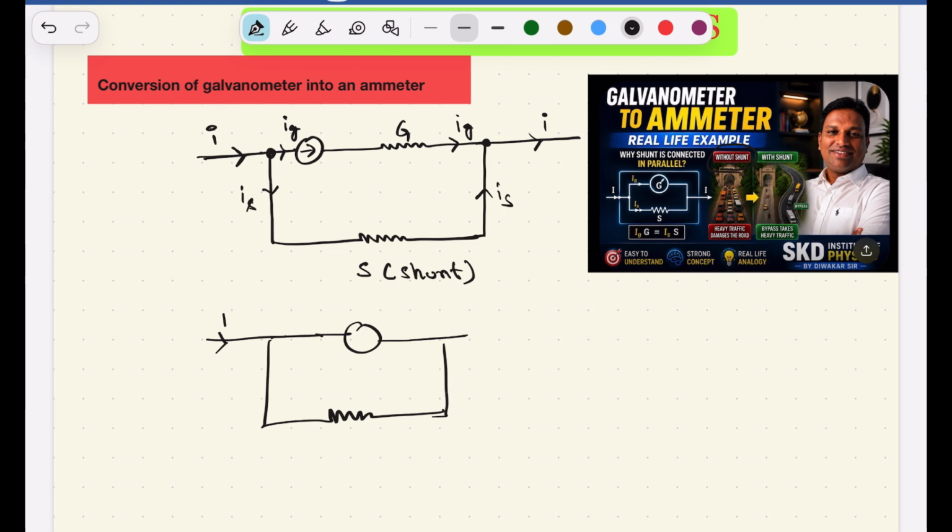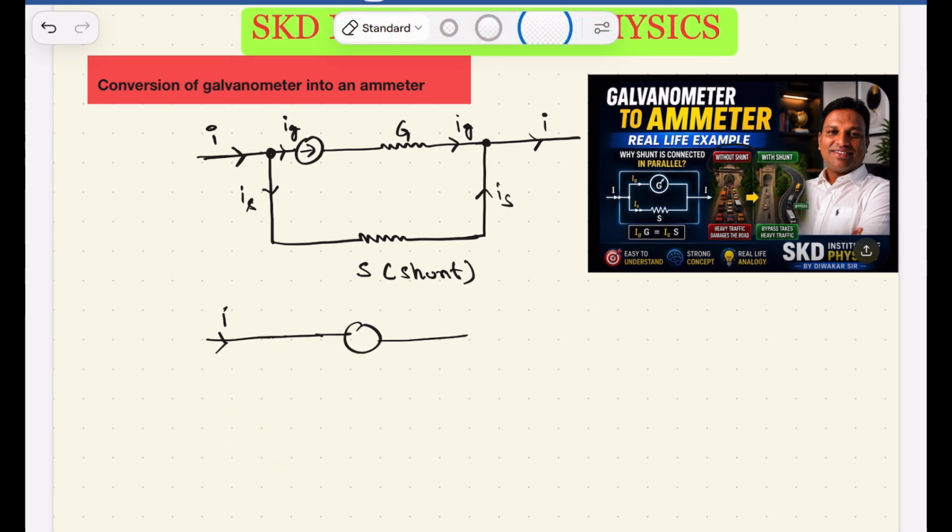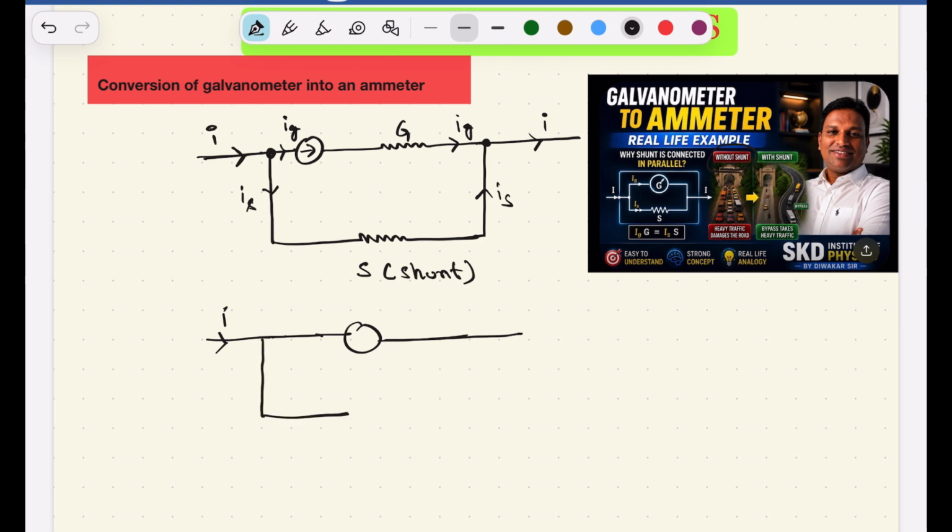If the whole current, means the whole traffic, moves through the town, the roads in the town are not heavy, not wide. Moreover, a traffic jam will occur. Moreover, it will be damaged. That's why heavy vehicles are not allowed in the town. For heavy vehicles we created a bypass, an alternate path from this town.